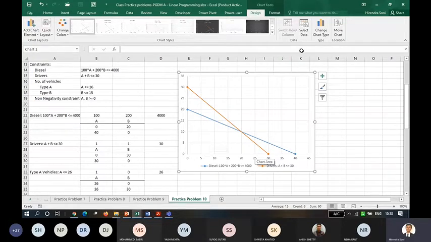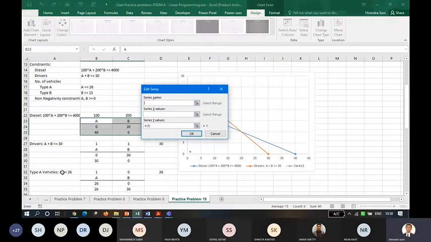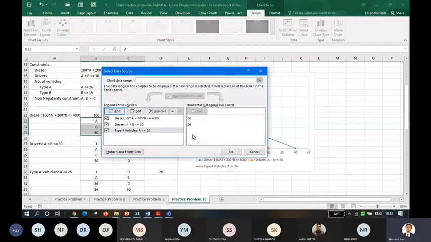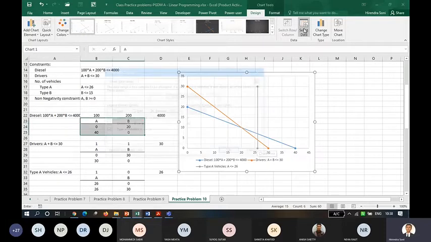Let me add the other two. Let's add the type A vehicles. So X would be 26, whereas Y would be 0,30. I say okay. So that means यहाँ पर का जो region में पहले आ रहा था वो cut down हो गया. Now only just this much region. Okay. अभी B का हम डालेंगे तो B भी इधर पर से cut down कर देगा. So B is equal to 15 बोलेंगे तो it will cut it here. So that means this region will be our main region.